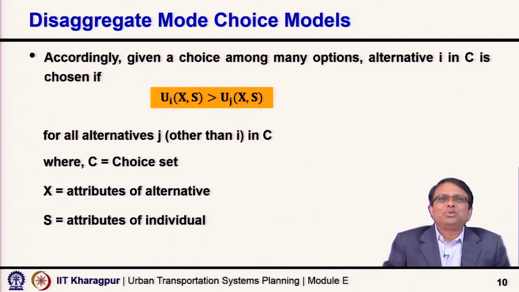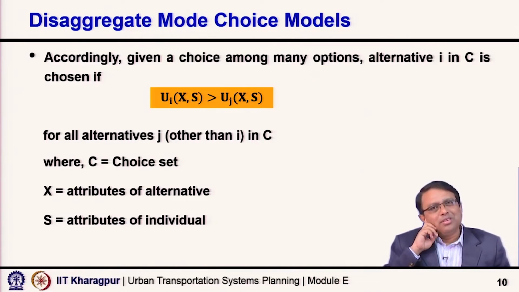So, given a choice among many options, alternative i in choice set C is chosen if U_i, the utility for alternative i, which is a function of x and s, attributes of the alternative and attributes of the individual, is greater than U_j, the utility of alternative j.